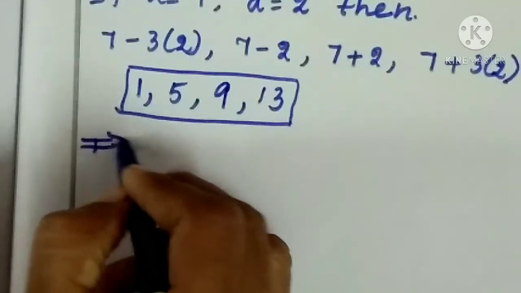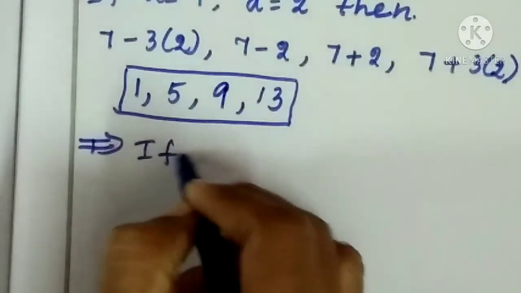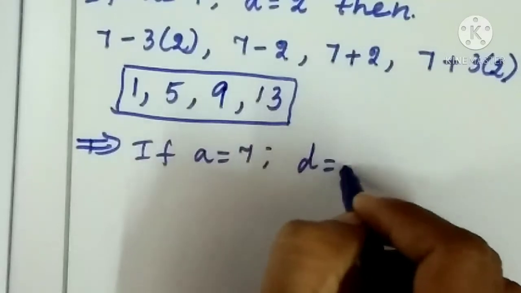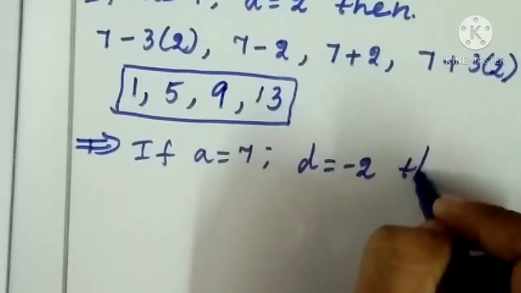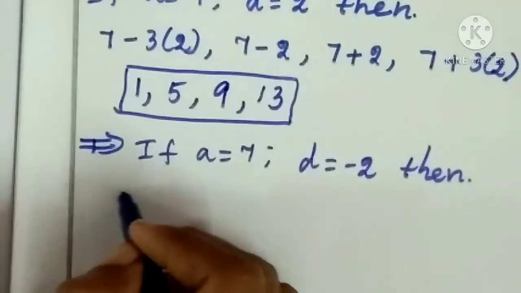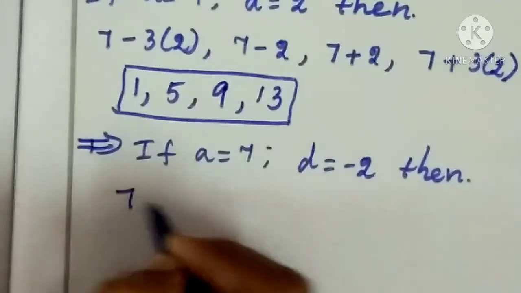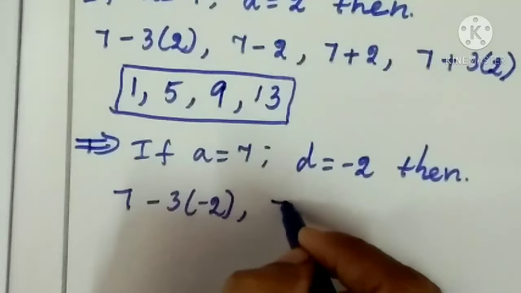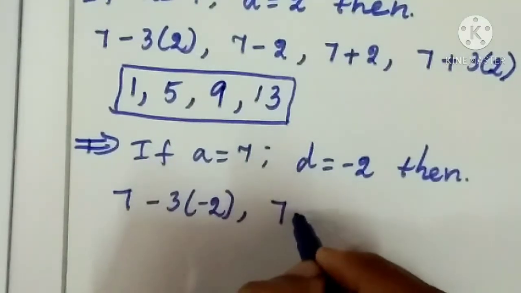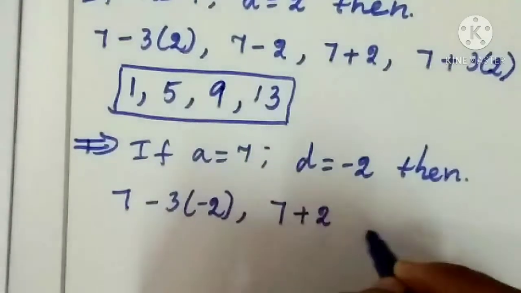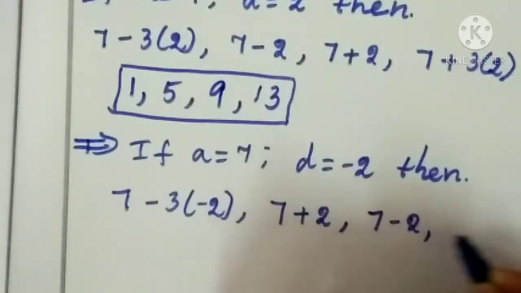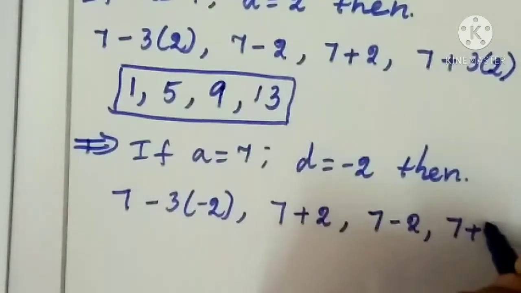Next, if a is equal to 7 and d is equal to minus 2, then the 4 terms are 7 minus 3 into minus 2, 7 minus minus 2, 7 plus minus 2, 7 plus 3 into minus 2.